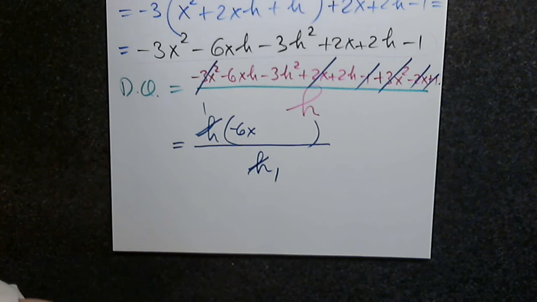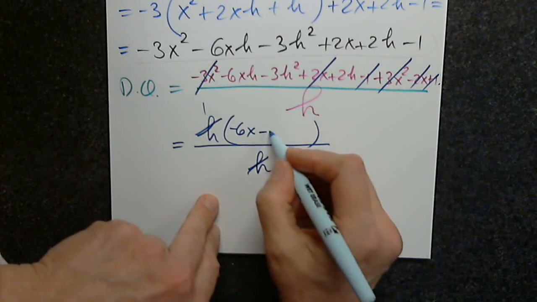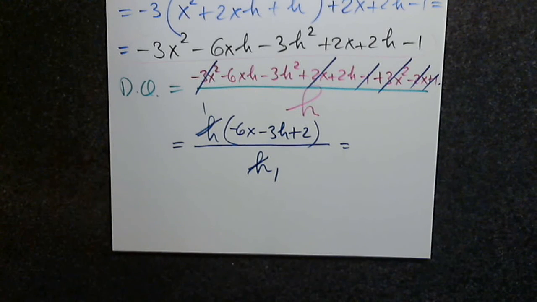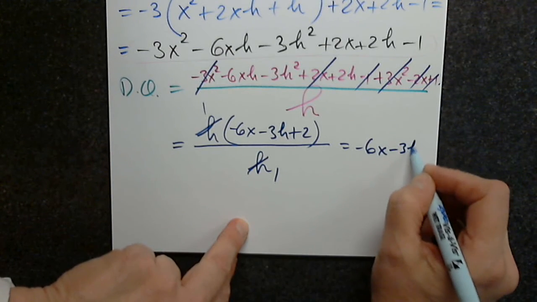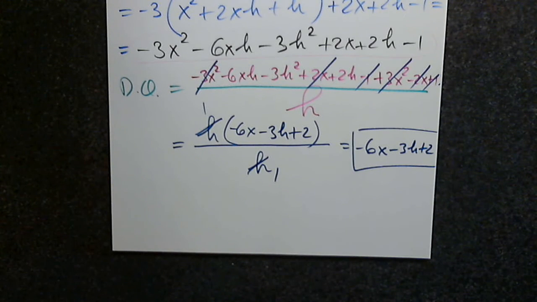We are pulling out h. Minus 6x. Minus 3h plus 2. Is that clear? Okay, so then -6x minus 3h plus 2 is the final answer. And as you see, it's not free of h. There is another term in there that has h in it.